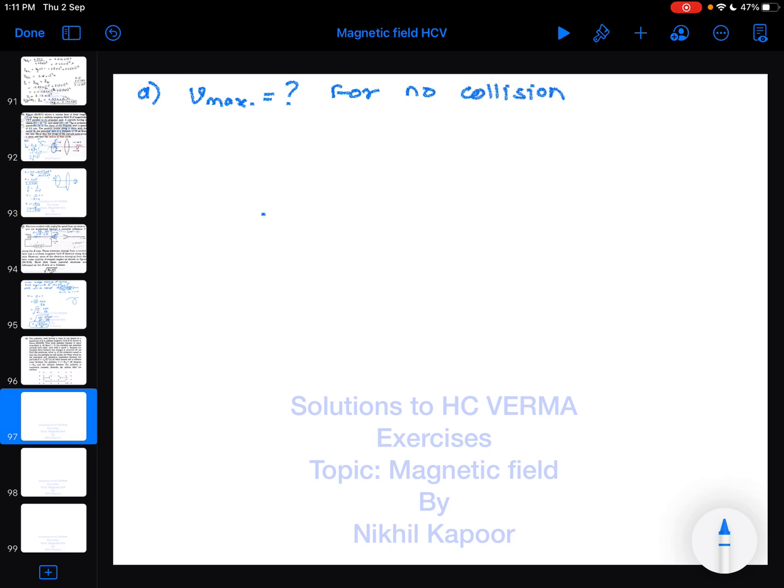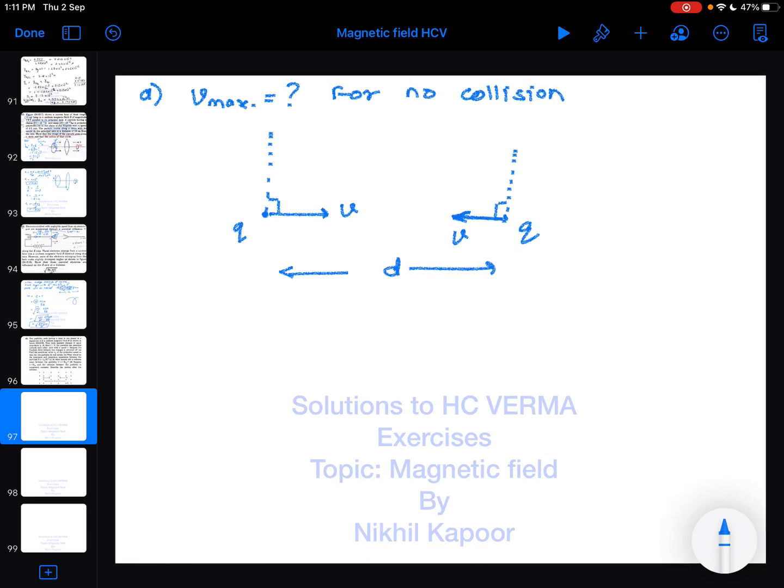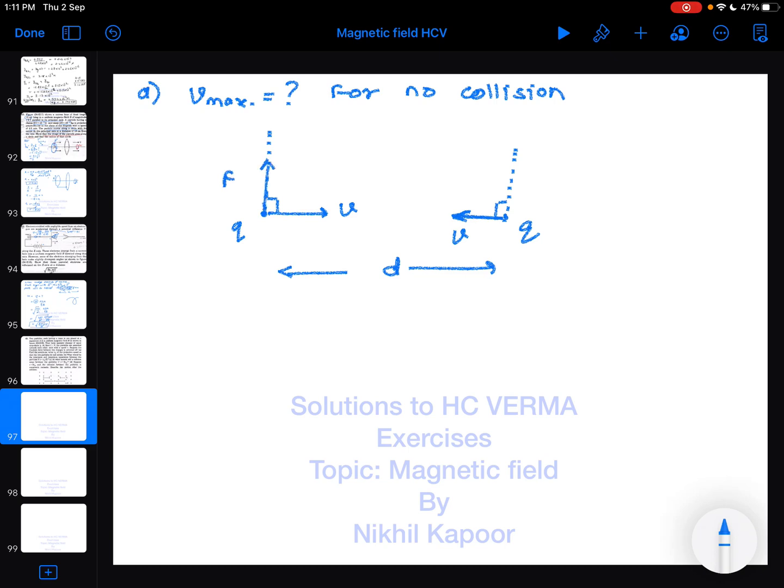As you can see, this is the particle having speed v at a separation d. Here there is another particle, charge opposite, speed v. Obviously the center of each particle's circle will be along the line perpendicular to velocity, because the radius is always perpendicular to the tangential velocity, and the centripetal force is always toward the center.